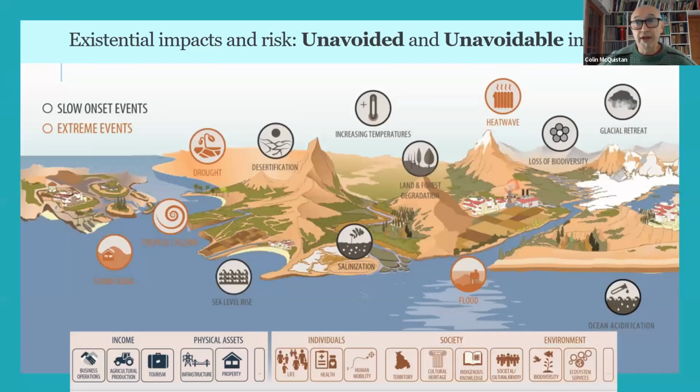So this is what loss and damage looks like in the physical world. And this is a diagram that's been produced by the UNFCCC Secretariat. And it just describes the different types of manifestations of loss and damage across human systems, across ecological systems, and across social systems. And I think the most important thing to bear in mind is something that's already been raised, is that we have economic impacts and we have non-economic impacts.